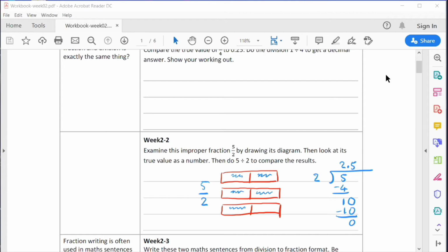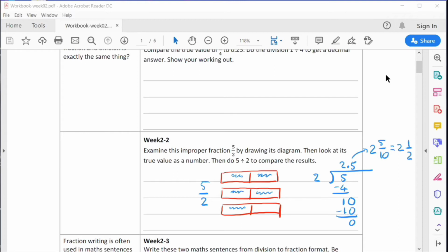Now, 2.5 is actually 2 and 5 out of 10. It's a mixed number. And that becomes 2 and 1 out of 2.